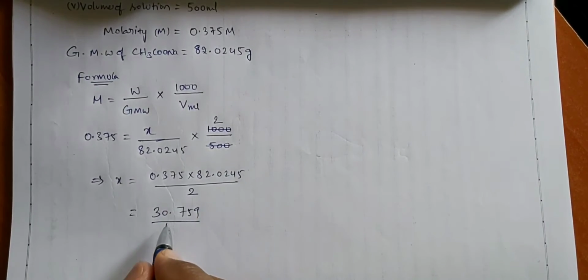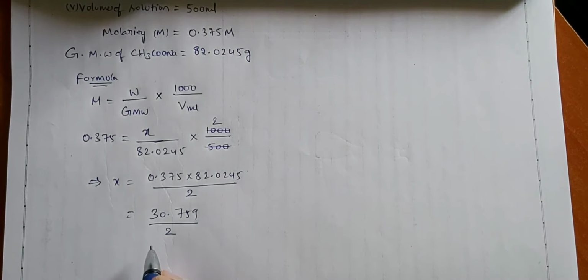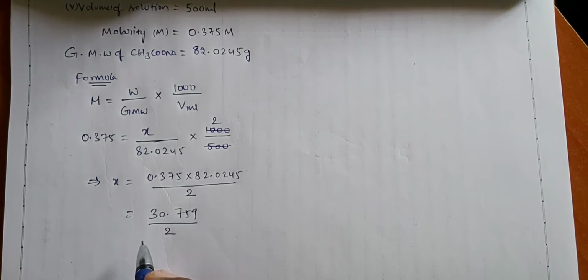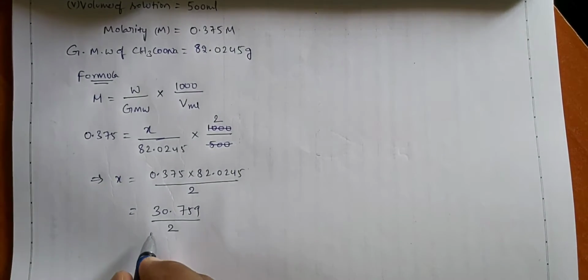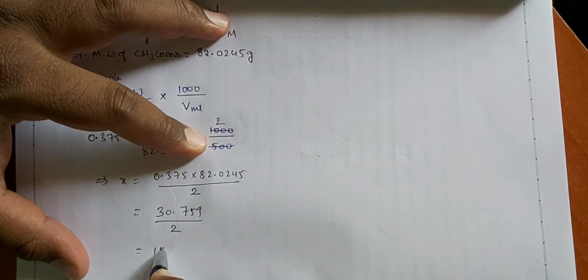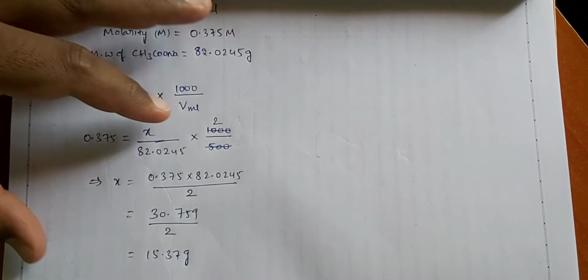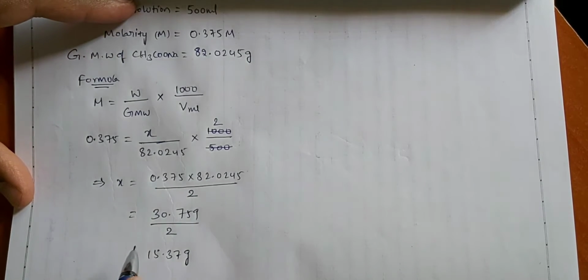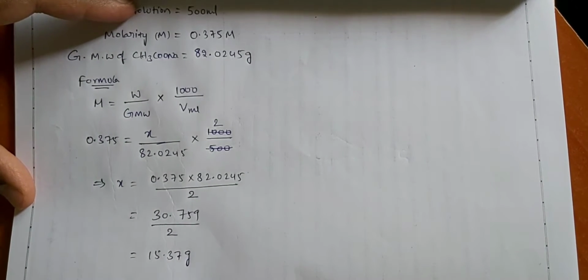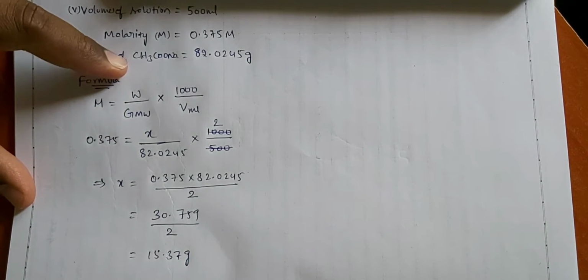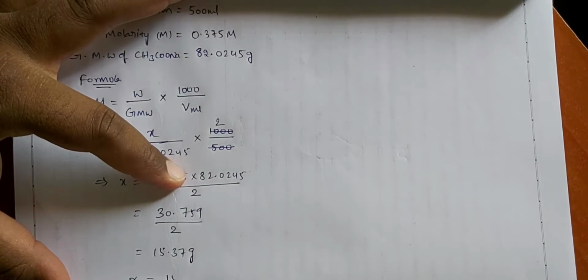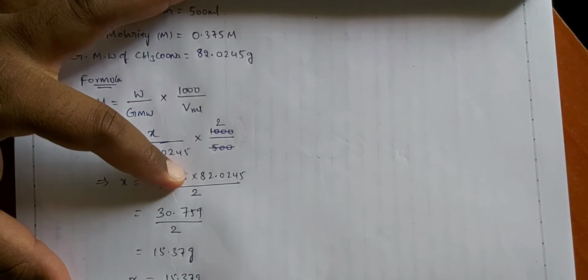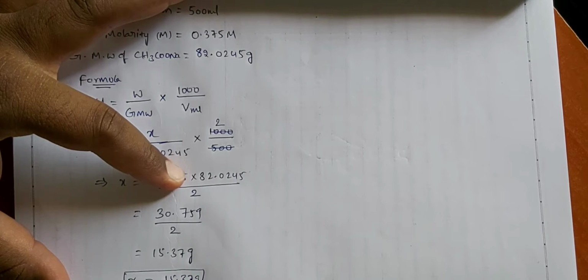This value, 30.759, divided by 2 is 15.37 grams. So this much amount of sodium acetate must be taken to form this type of given data. So X, that is mass of CH3COONa, is equal to 15.37 grams. This is the answer. You can check that one more.